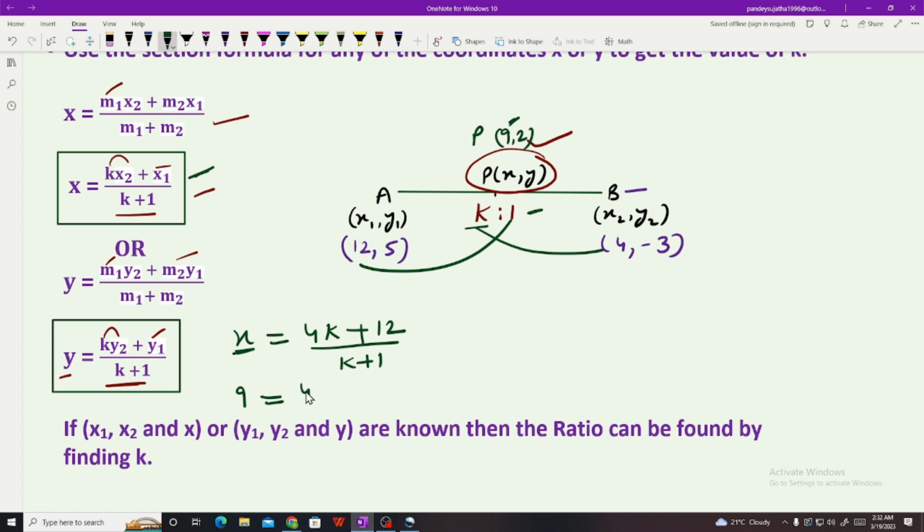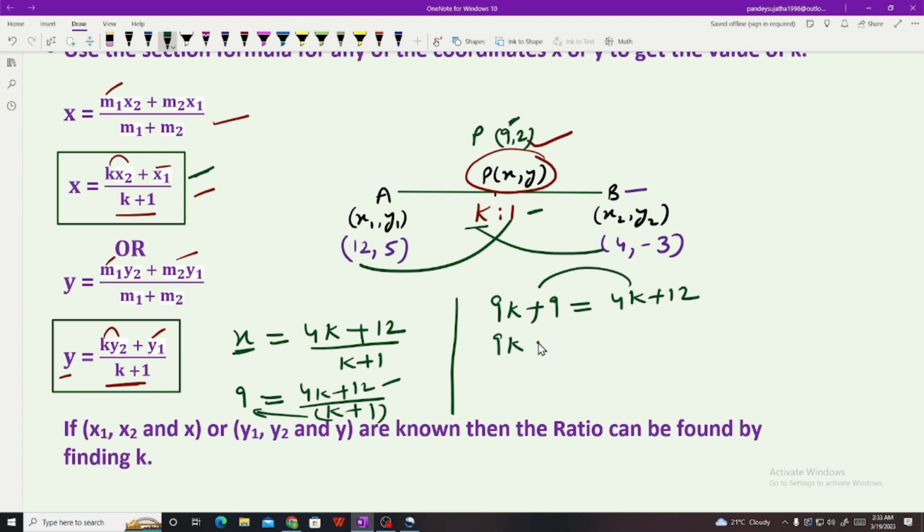So 9 is equal to 4k plus 12 upon k plus 1. So shift this k plus 1 to the other side. So we get here 9k plus 9 is equal to 4k plus 12. Shift this 4k to the other side: 9k minus 4k, that is equal to, shift this 9 to the other side, we get 12 minus 9.